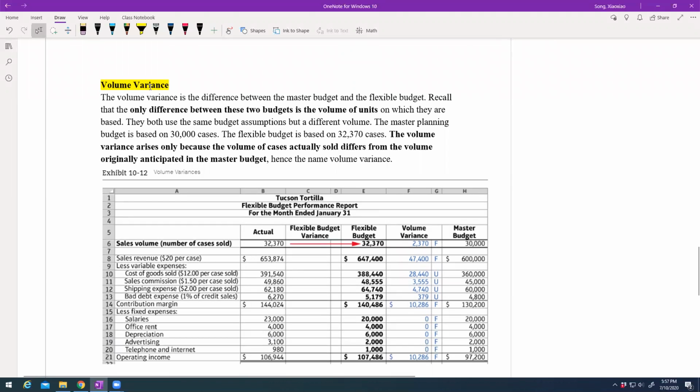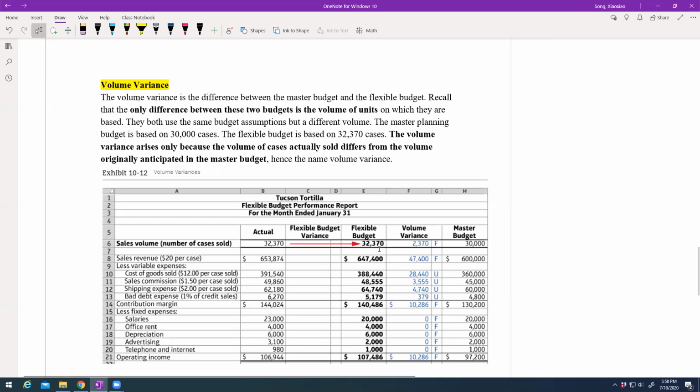The volume variance is the difference between the master budget and the flexible budget. The only difference is the volume of the units. When you use a flexible budget, remember, you use the actual units, but for the master budget, you use the budgeted units.